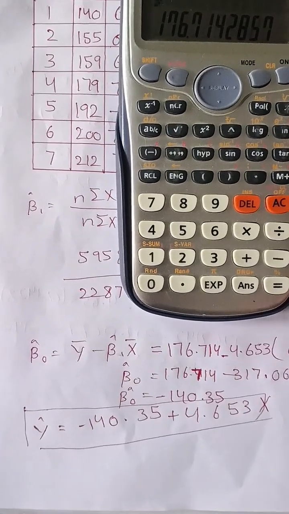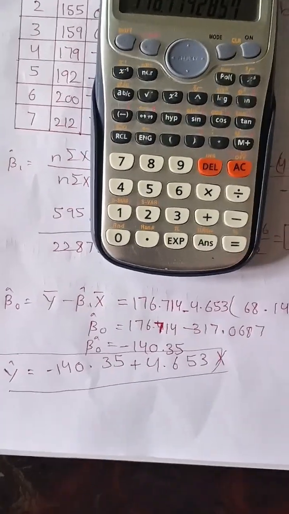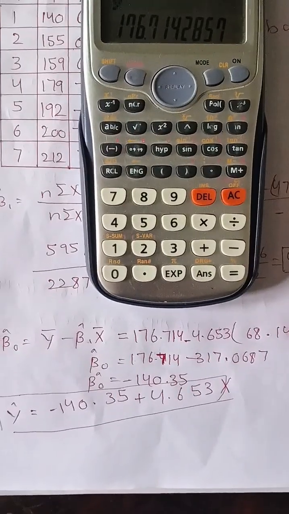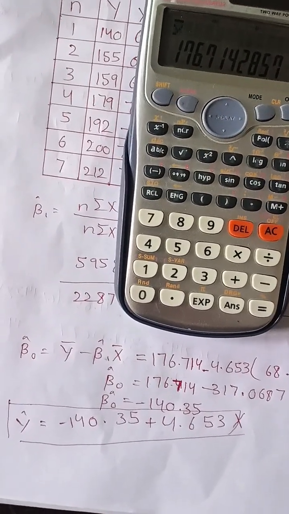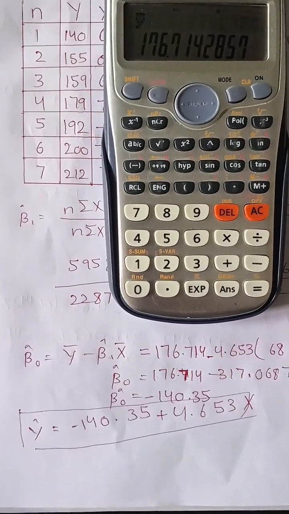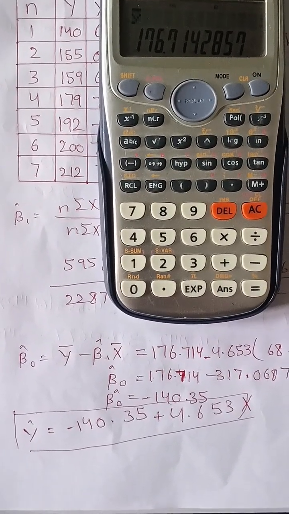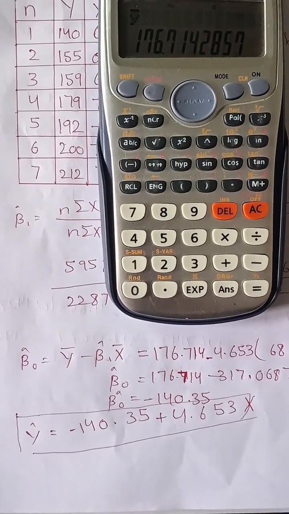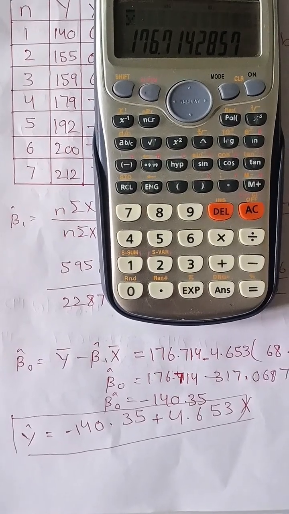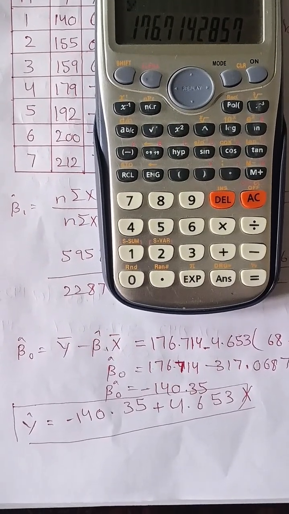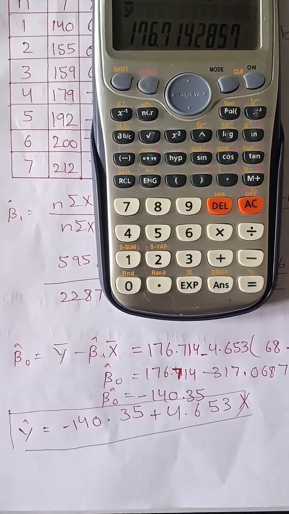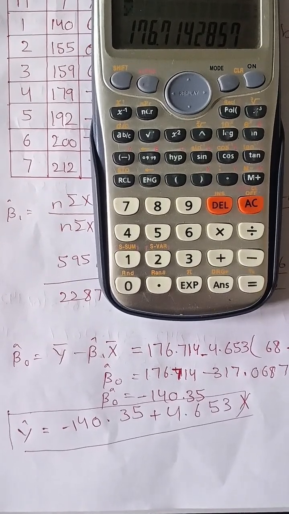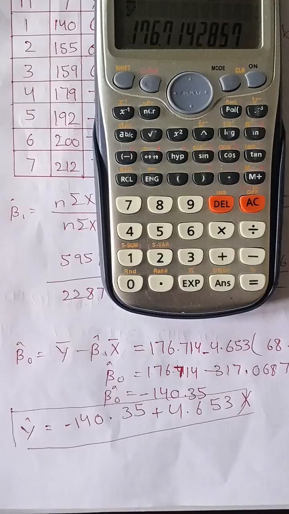Now what does it mean, which is very important. So let's interpret them. Remember that the slope coefficient shows the change in y due to 1 unit change in x. Because our x is height and y is our weight, if height increases by 1 centimeter, then the weight would increase by 4.653 pounds on average.